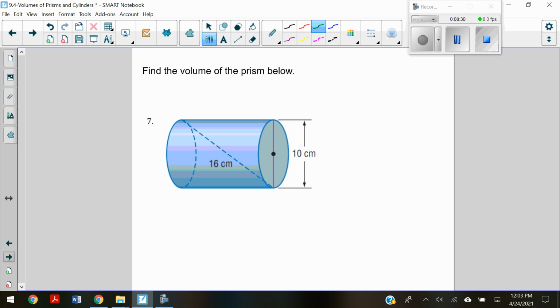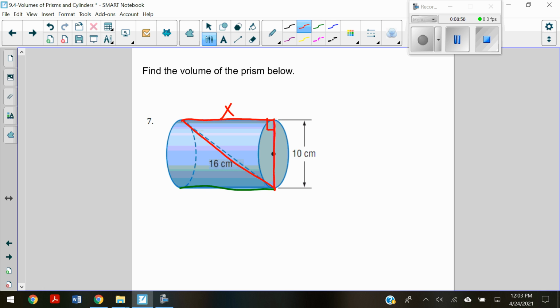All right, we have another prism here that is a cylinder. Now the thing about this cylinder is that we don't have our distance between the two bases. What we do have, though, is this diagonal, and we have this height of the base as 10. So what I see here to find this distance is a right triangle. And so we're going to find x.